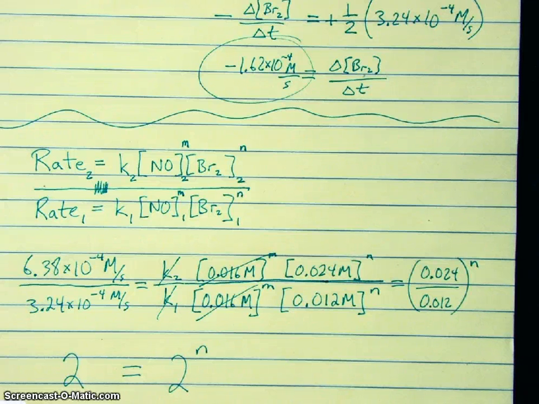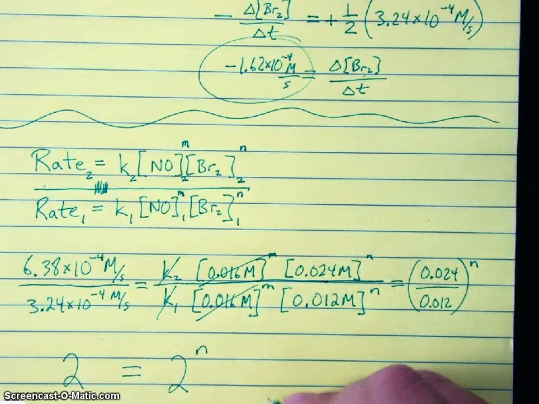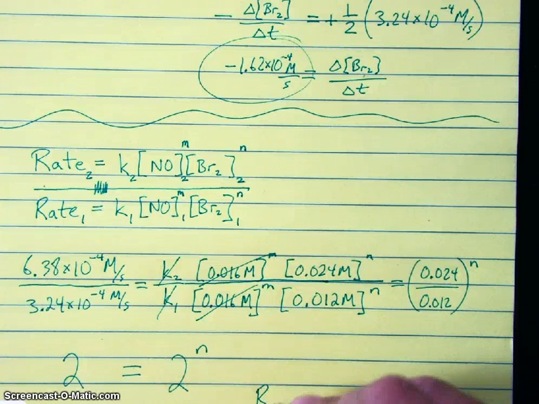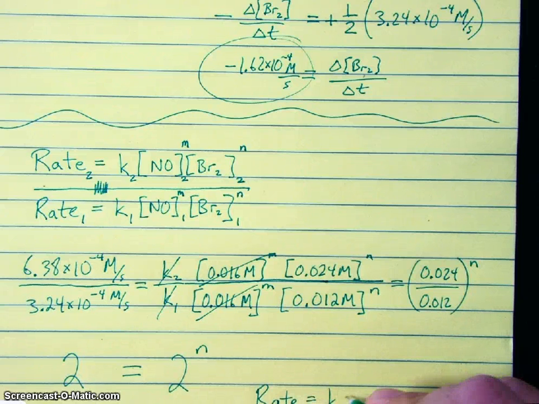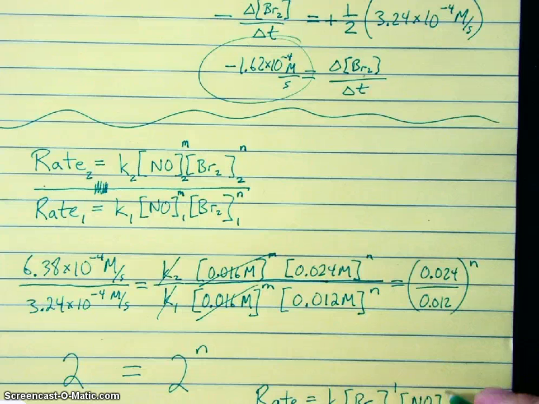So at this point, the order for this reaction in terms of bromine can fit into our equation is this. And at this point we still don't know what the order of NO is.